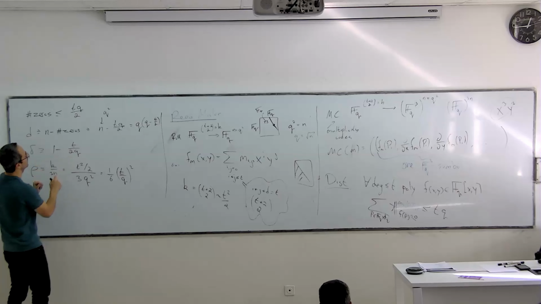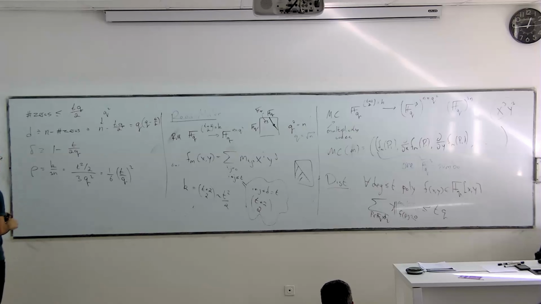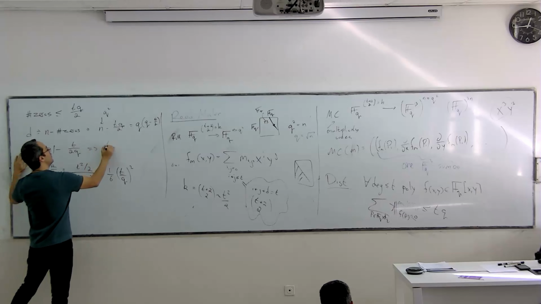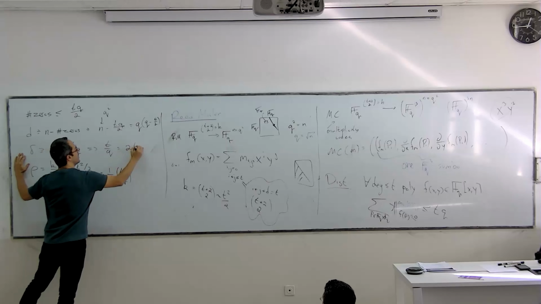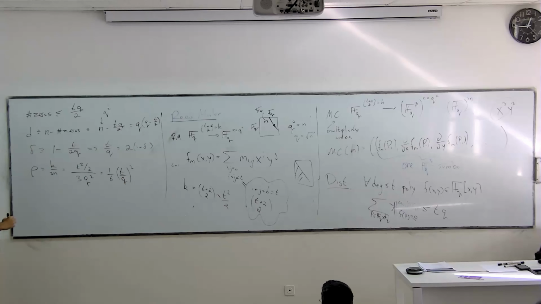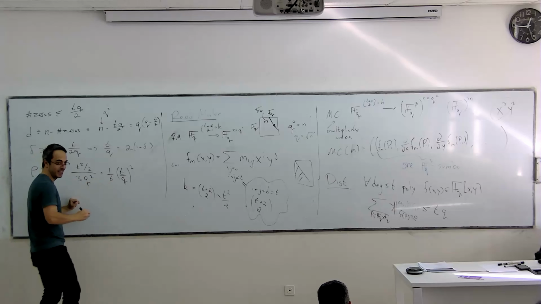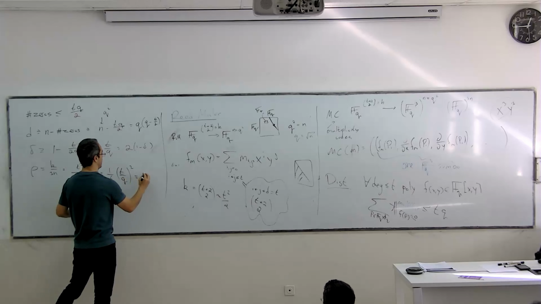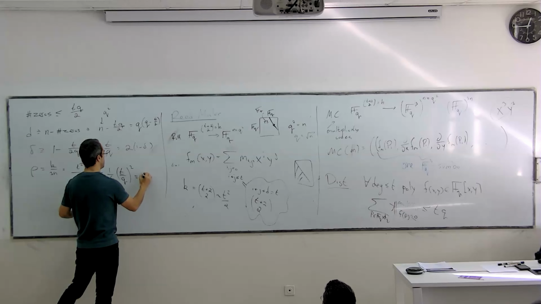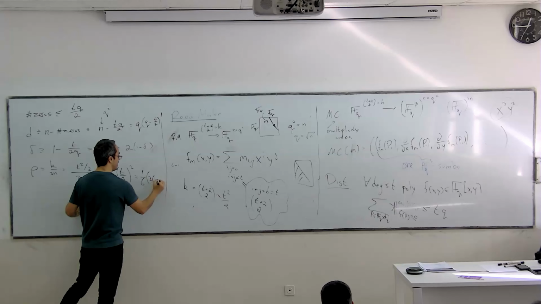But look at that. T over q is twice minus that. So the 2 is going to be squared. So it's like 1/6, 1 minus delta squared.